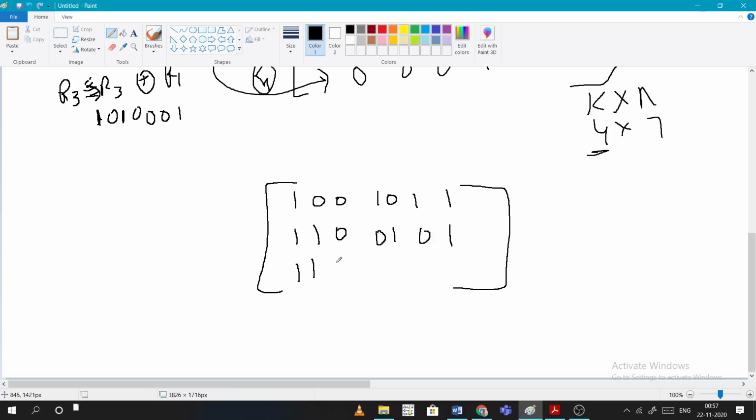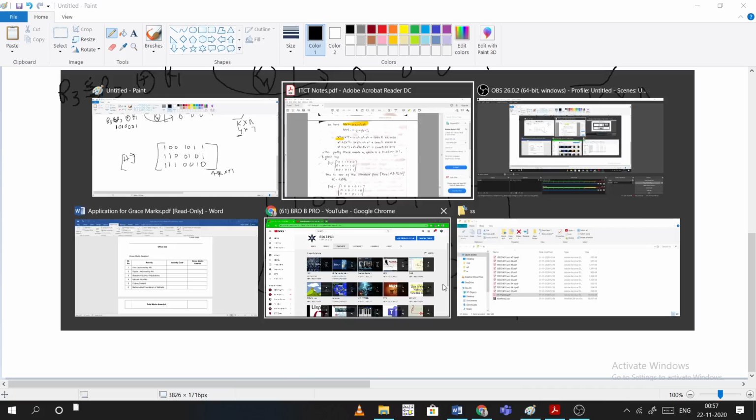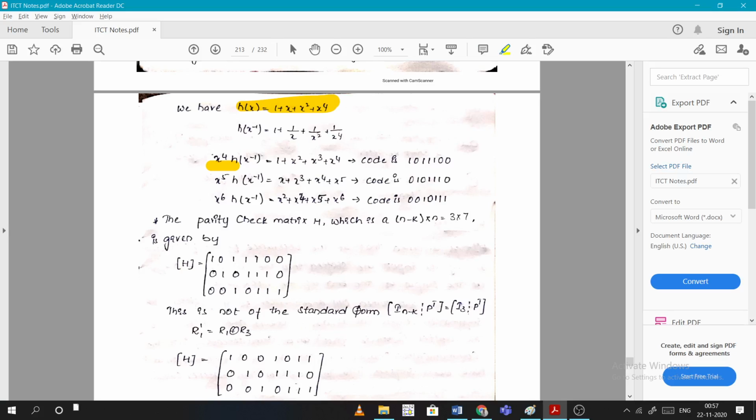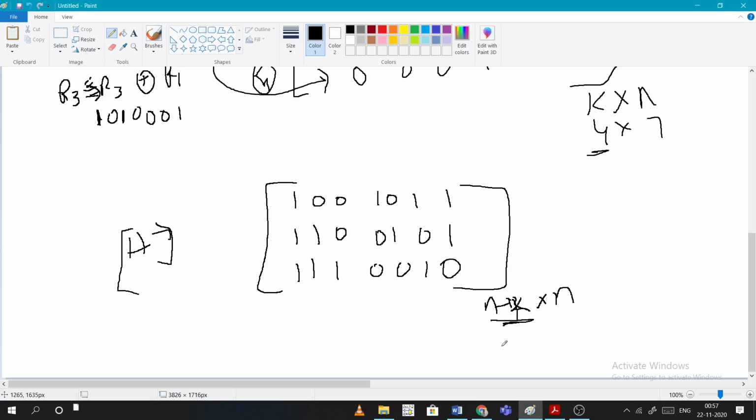Again cyclically rotate: 1 1 1 0 0 1 0. This is because the dimension of the H matrix is n minus k cross n. After 3 rows, since n minus k is 3, I will write only 3 rows, and after that I will stop.